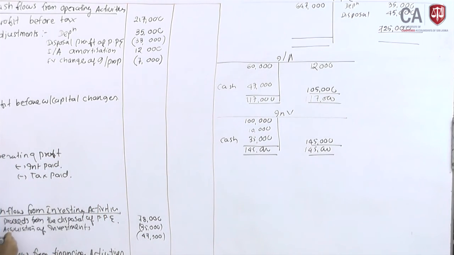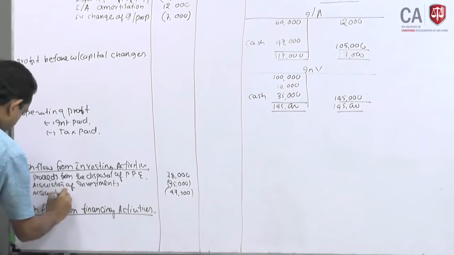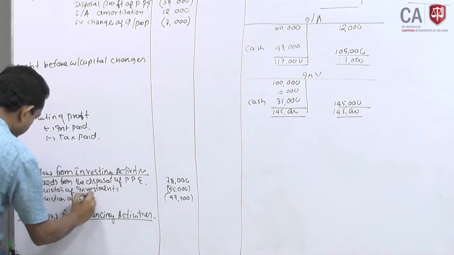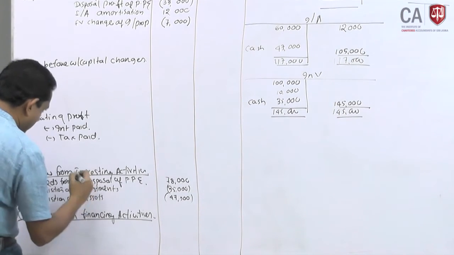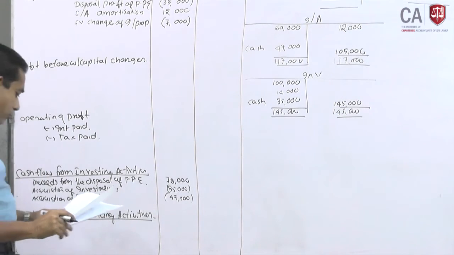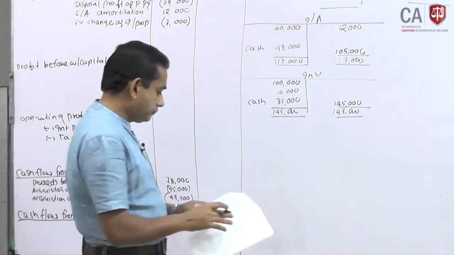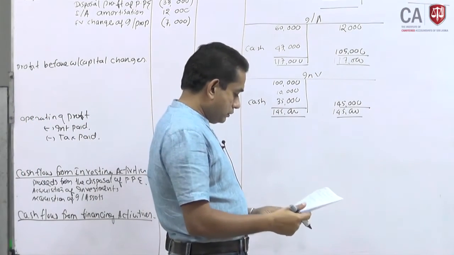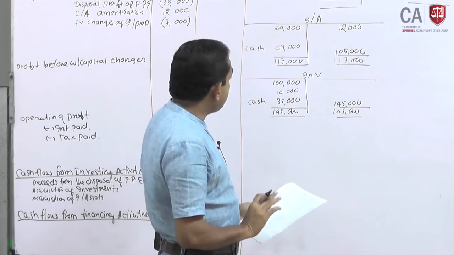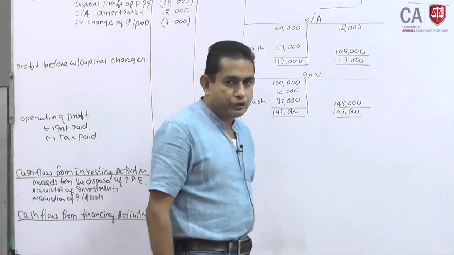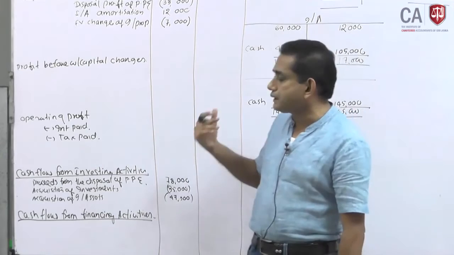Say acquisition of intangible assets, acquisition of intangible assets by 47,000 will bring it to the cash flow statement. Investment properties taken, inventories.